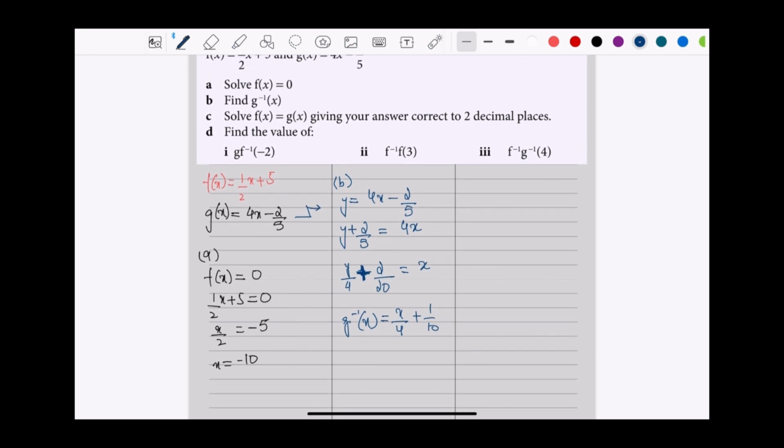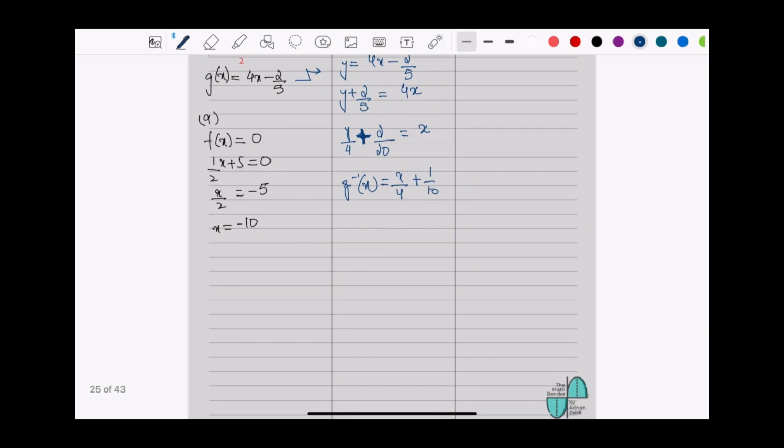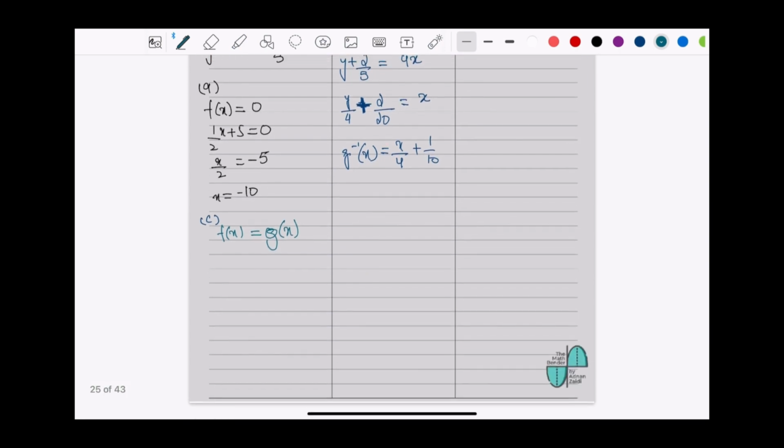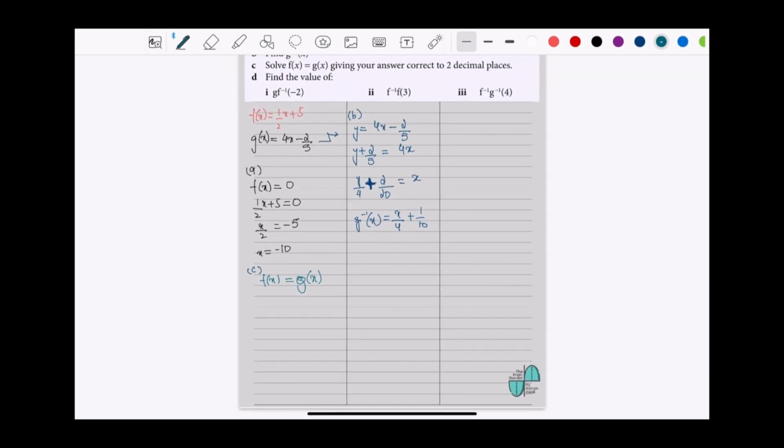Now solve f of x equals g of x. So part C, f of x equals g of x means you write down the value of f of x and then equate it with g of x. So f of x is 1 over 2x plus 5 and g of x is 4x minus 2 over 5.